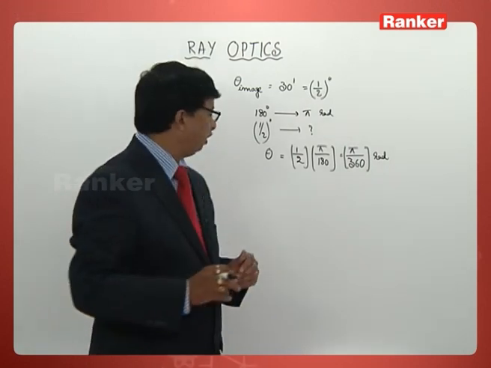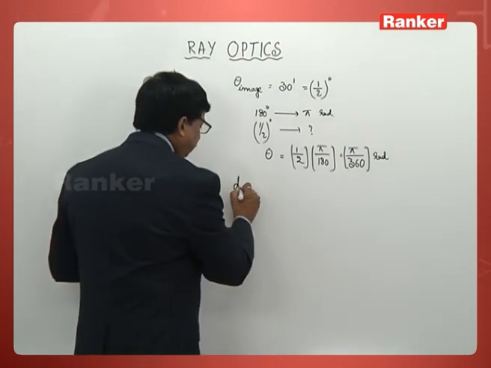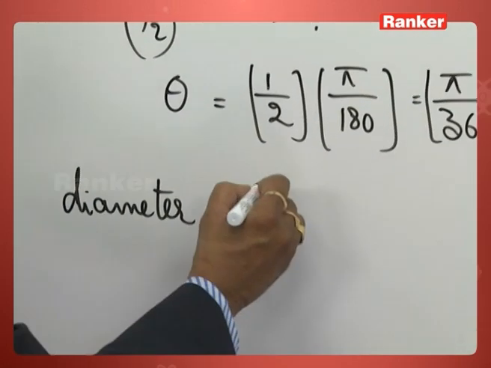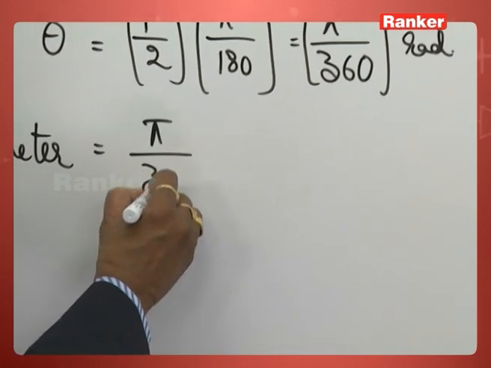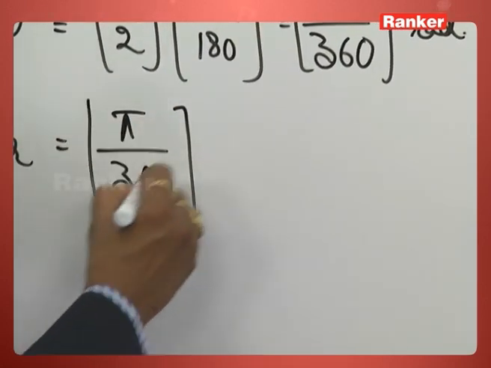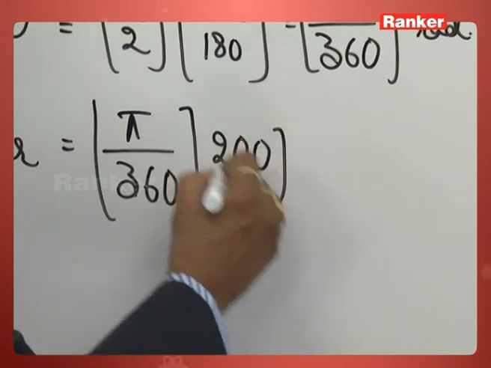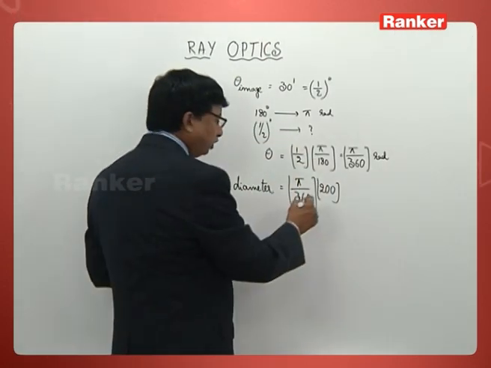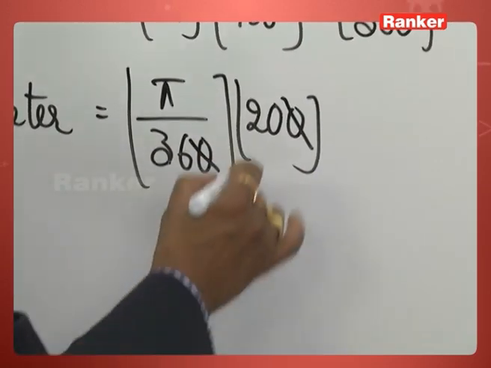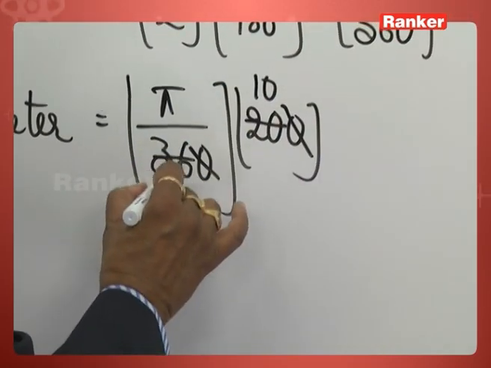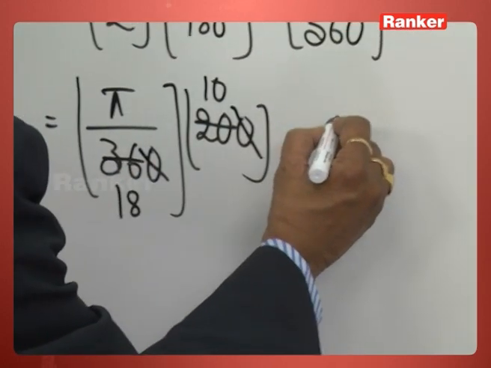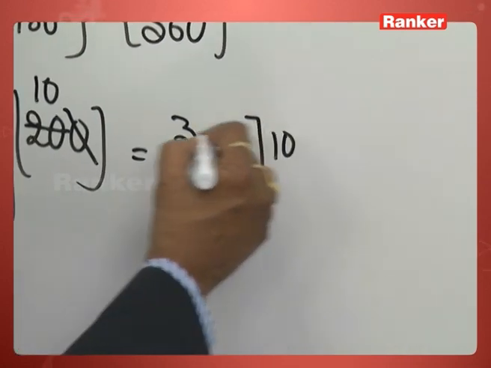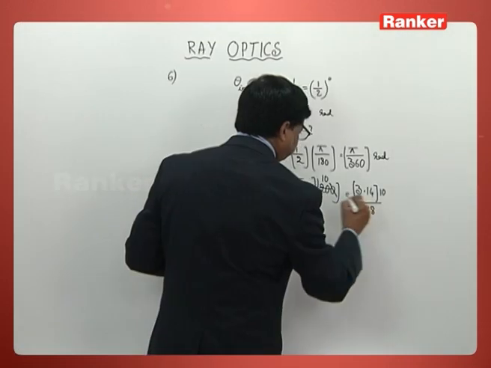So directly we can write what the diameter is. That now is going to be this angular value into the value of the focal length. 200 centimeter he has given you. So you can cut this over here. 10 times 2 and 18 times 2, let us take it like this, pi 3.14 into 10 divided by 18.